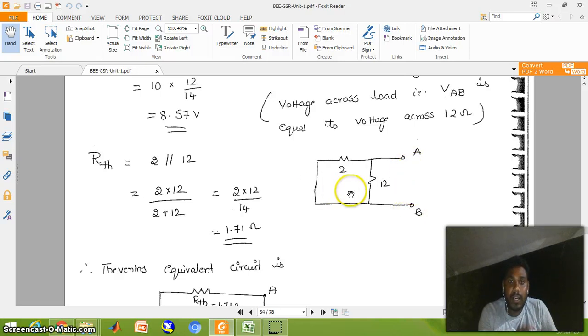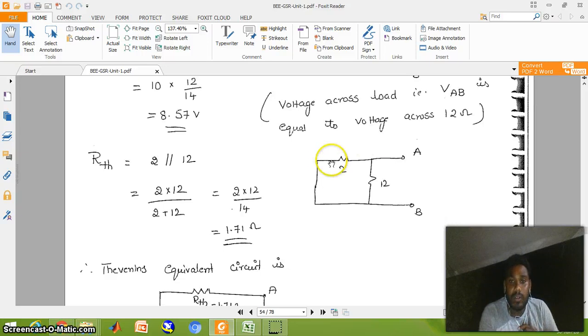Next, active elements are replaced by their internal resistance, which means a voltage source acts as a short circuit and a current source is taken as an open circuit.